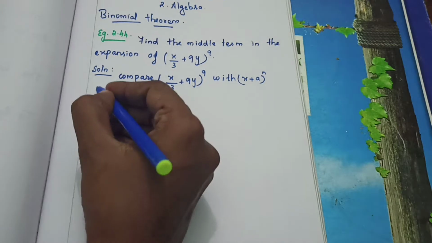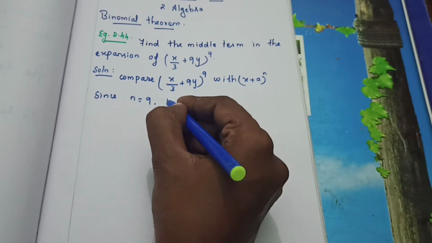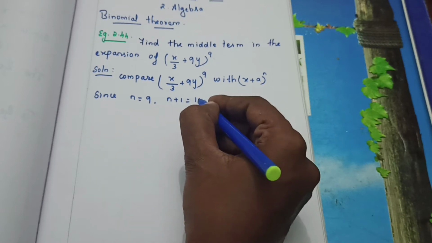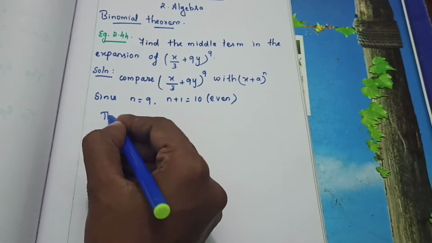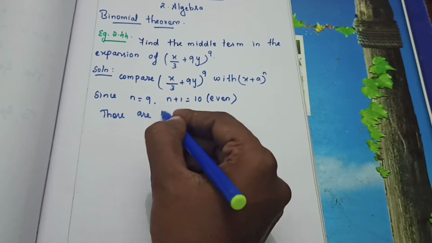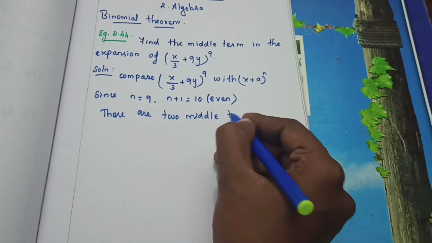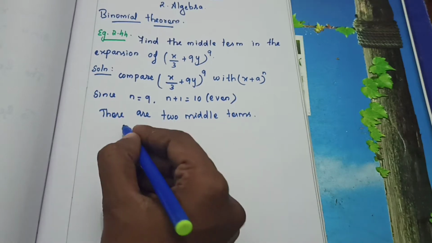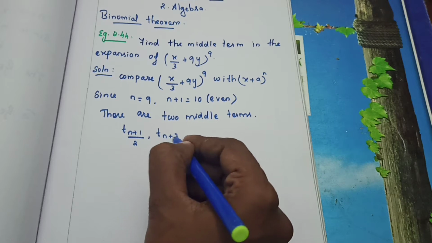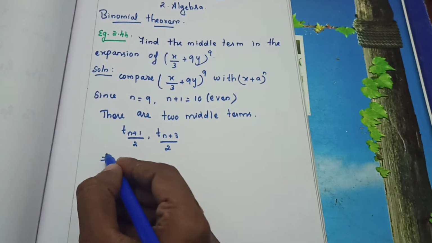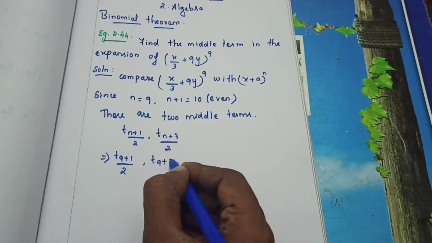Here n is equal to 9. So when you find n plus 1, what will happen? 10, correct. Whether it is even or odd? It is even. Therefore, there will be 2 middle terms. What are the middle terms? The middle terms are T_((n+1)/2), comma T_((n+3)/2). Substitute n = 9: T_((9+1)/2) as well as T_((9+3)/2).